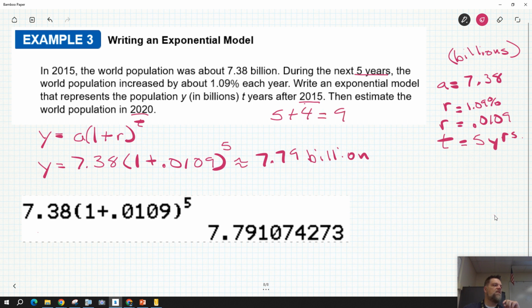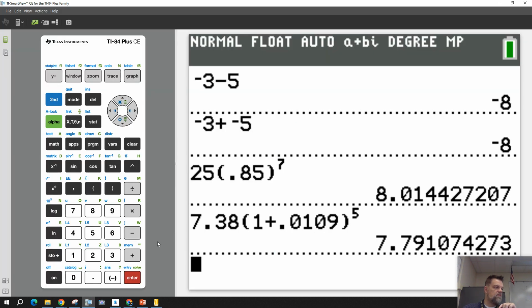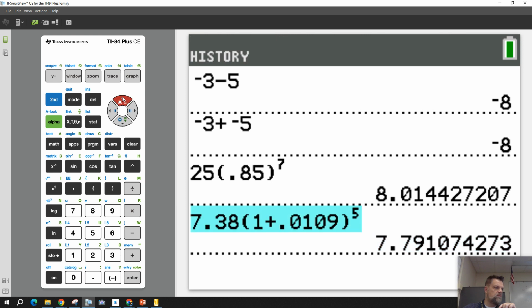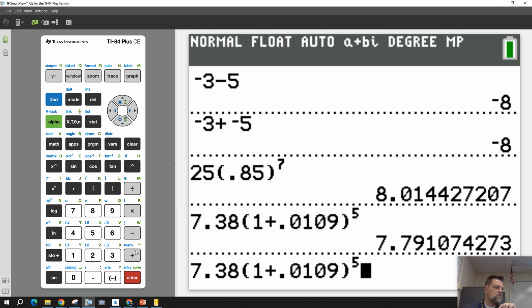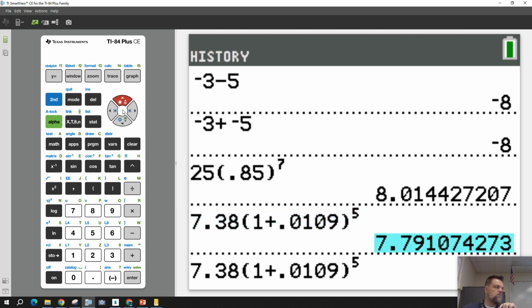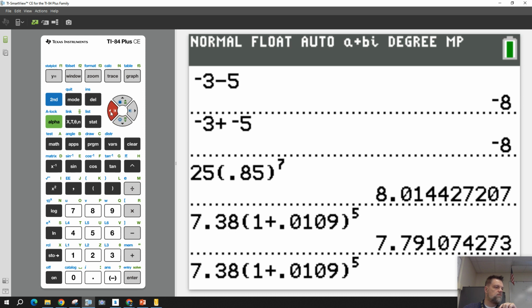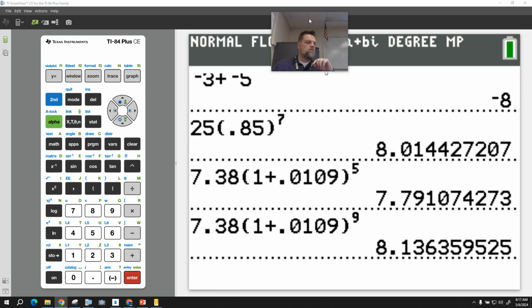So you do the same thing, but you let t equal 9. So you would say, well, what's y equals 7.38 times 1.0109 raised to the 9? This gets scary. Just change that to a 9. 8 billion.